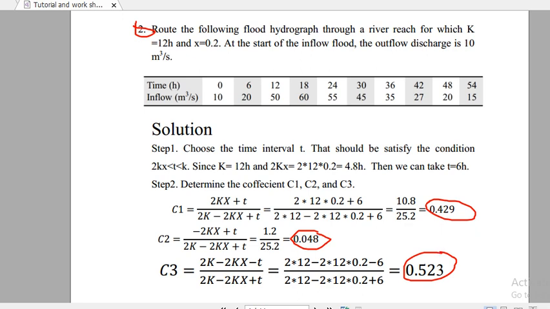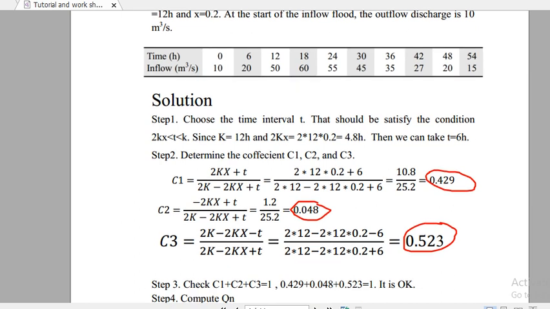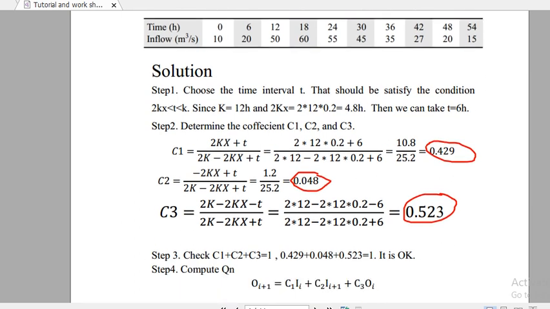After computing the three constants of the channel routing or Muskingum method, you should check the summation of these constants. Those constants should sum to 1. Check that C1 plus C2 plus C3 is equal to 1. Then it is okay, the condition is satisfied. If the summation of these values deviates from or is greater than 1, you should reduce the largest value by subtracting the summation of the two smallest values from the largest value.